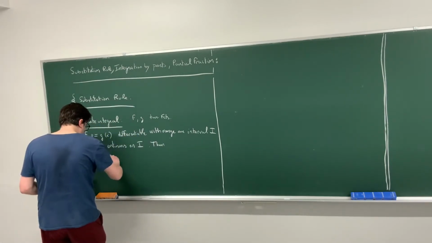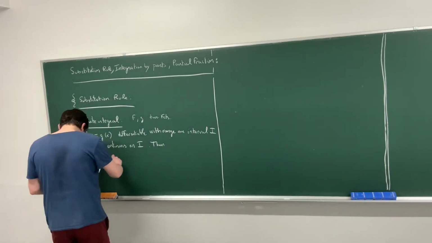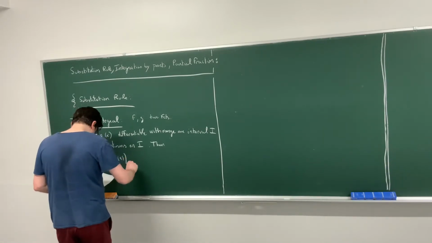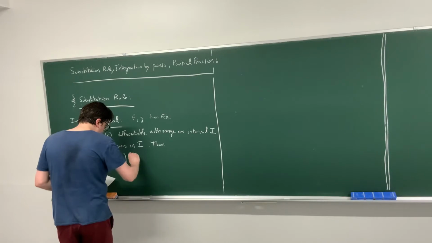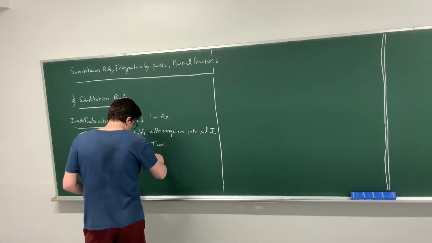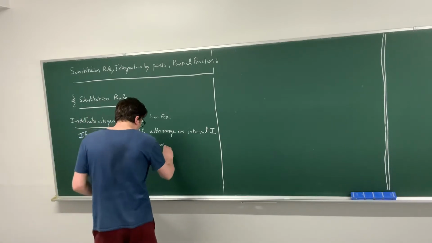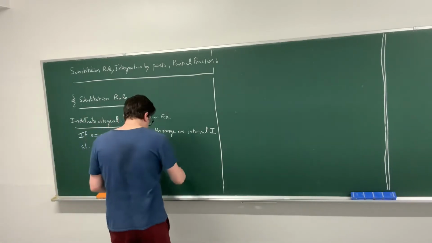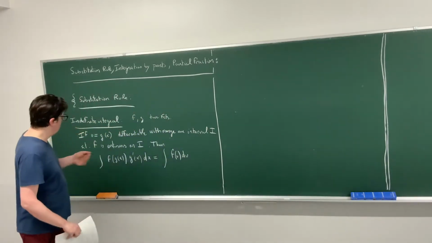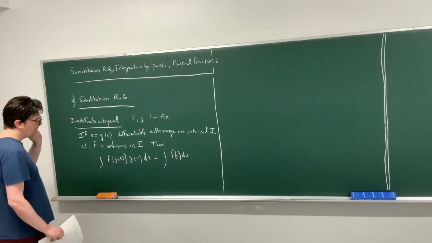If we want to calculate the indefinite integral of f of g of x times g prime of x dx, then this is just the indefinite integral of f of u du, where we have set u equal g of x.